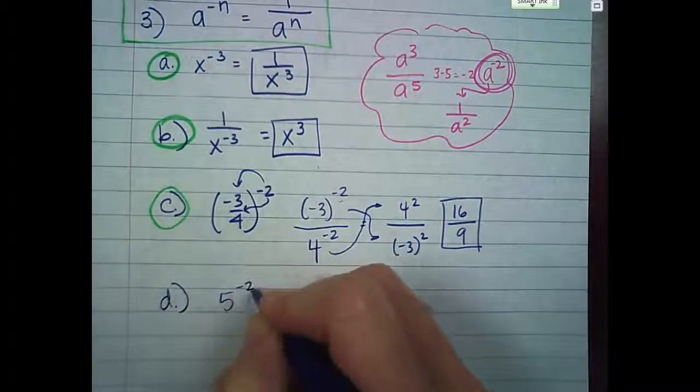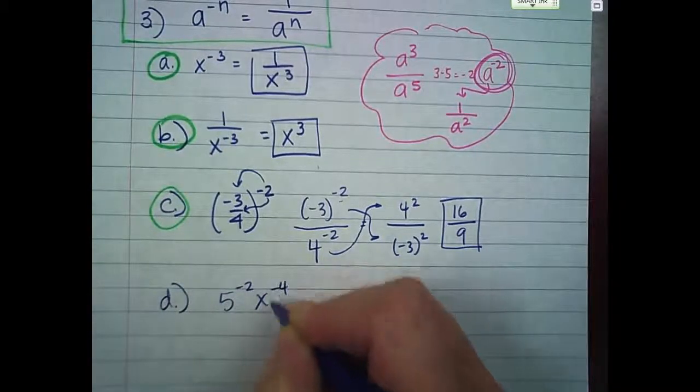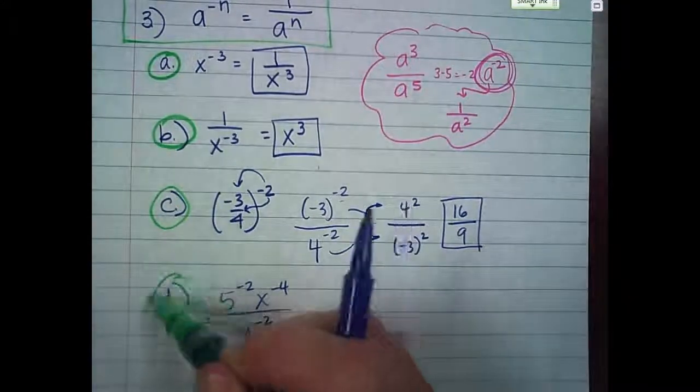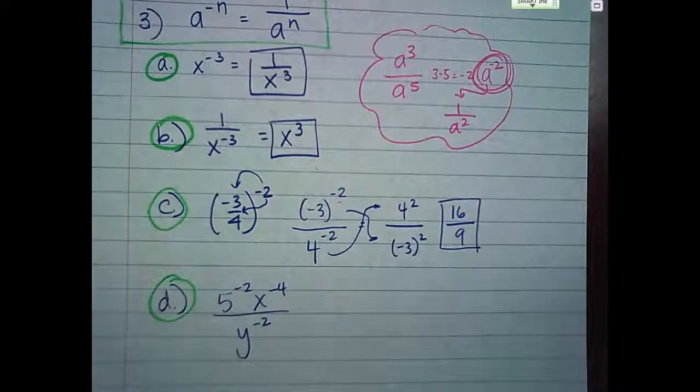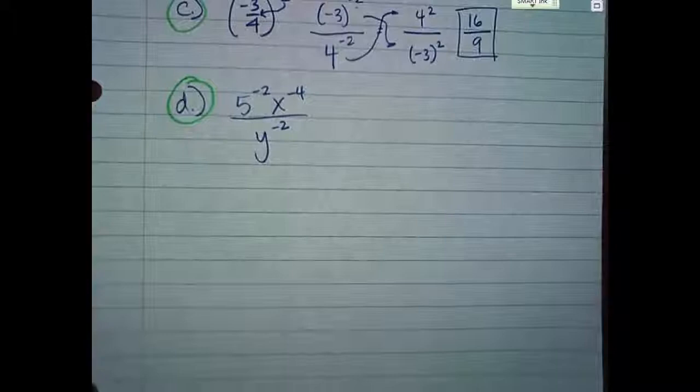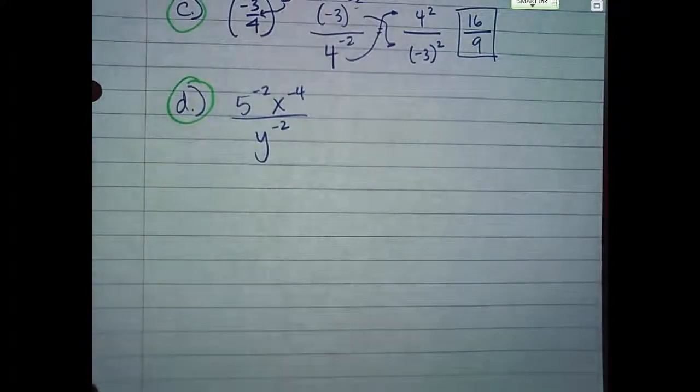5 to the negative 2, x to the negative 4, over y to the negative 2. Give it a shot.